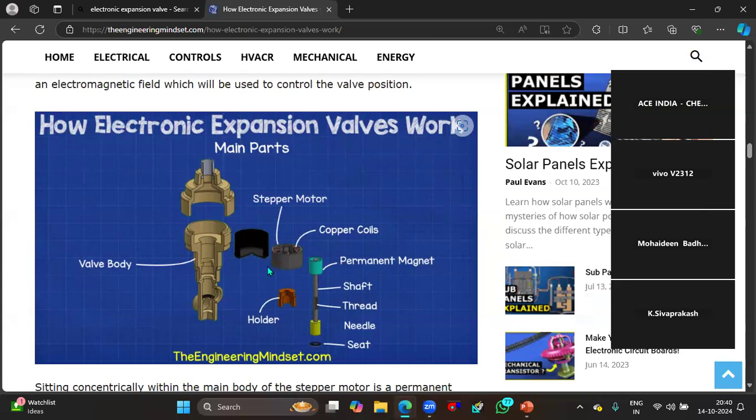You can see the copper coils and the stepper motor. That means just by changing the polarities, the rotation will be different. It's a simple rotation, either clockwise or anti-clockwise. In clockwise, the thread moves onto the seat. In anti-clockwise motion, the thread moves away from the seat, from the needle to the seat itself. That's how this works. Is it clear?